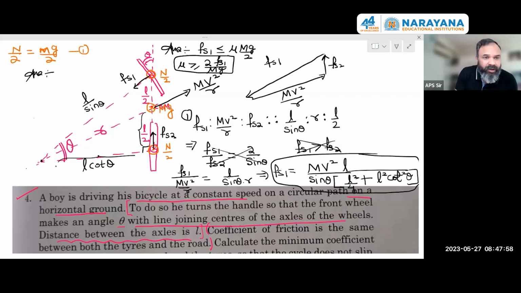My answer should be mu is greater than or equal to 2 by mg multiplied by FS1. Just substitute this expression, mv square L upon sine theta, in bracket, I'll have L square by 4 plus L square cot square theta. That's what I'm getting.